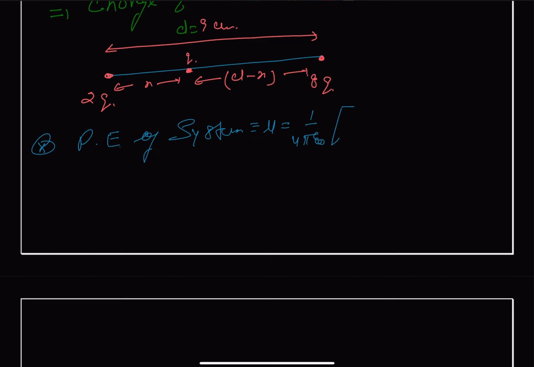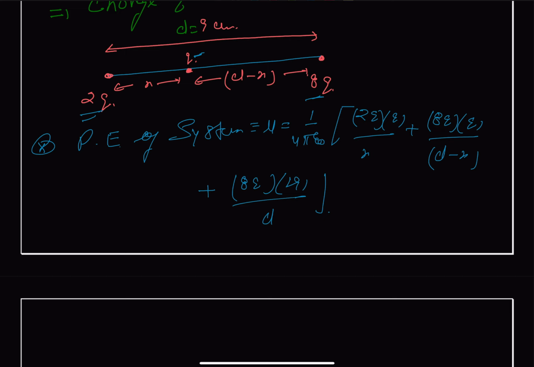First we can say the interaction of 2Q with Q. So this comes as 2Q multiplied by Q divided by x, plus then we can write interaction of 8Q with Q. So this comes as 8Q and Q divided by D minus x, and plus finally we have 8Q and 2Q divided by D.